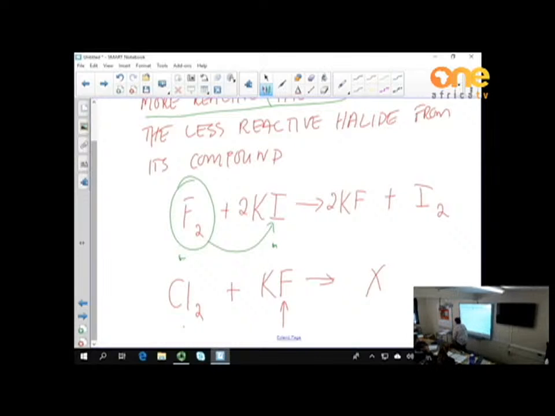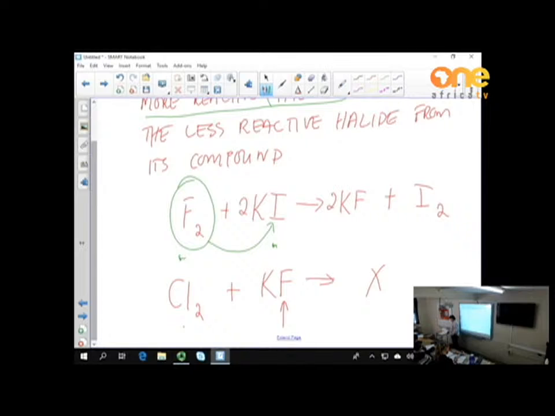Okay. So in your textbooks, they're on page 46. On page 46, we have the displacement reaction, they say it starts right down at the bottom of page 45. They say this reactivity shows the reaction between halogens and other halide ions.